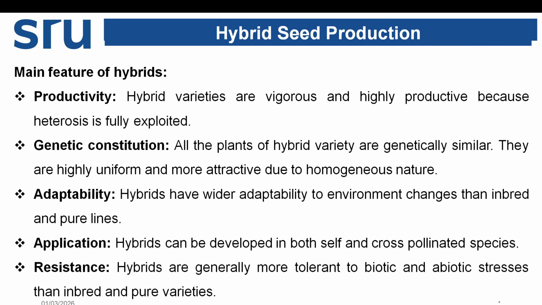Whatever the fluctuating climate is, hybrids will possess wider adaptability when we compare with inbreds and pure lines. So we can develop hybrids in both self and cross-pollinated species. These hybrids are generally more tolerant to biotic and abiotic stresses when we compare the performance of inbred or pure varieties, that is pure lines.